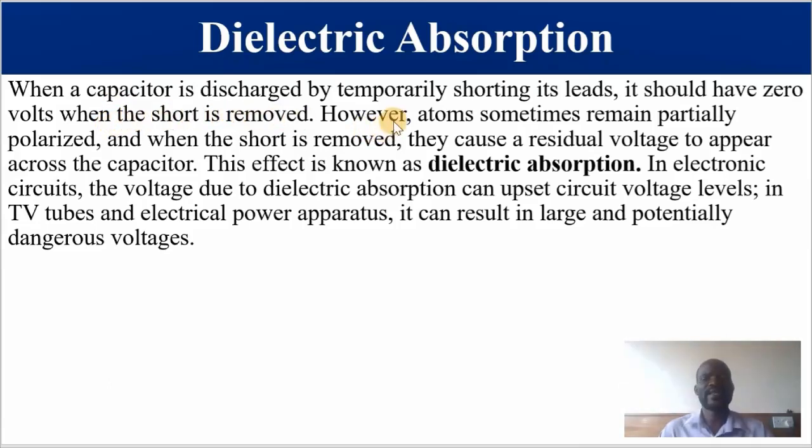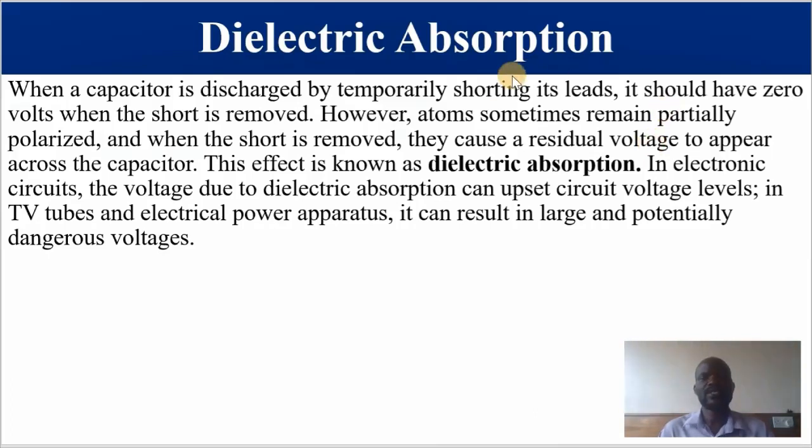However, you realize that atoms sometimes remain partially polarized, and when the short is removed, they cause a residual voltage to appear across the capacitor, and we call this dielectric absorption. So it means that dielectric absorption is when a residual voltage remains in the capacitor even after discharging it to 0 voltage by shorting the two plates or the two conductors.